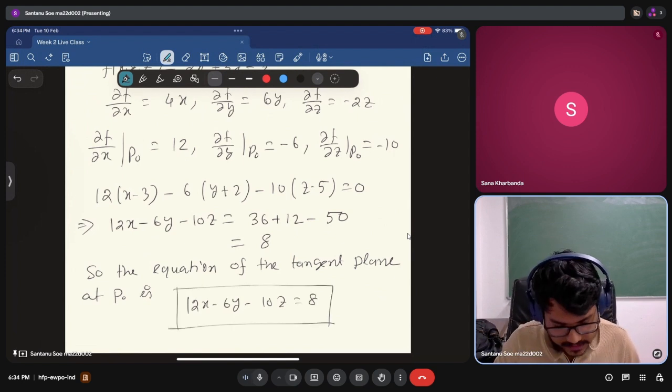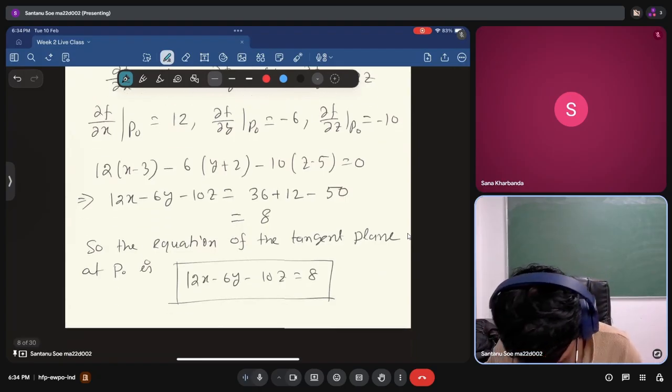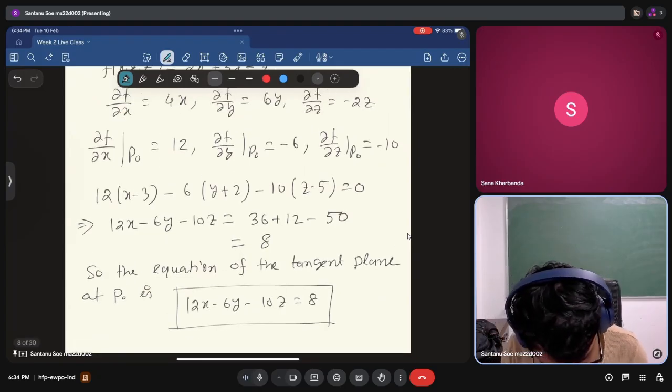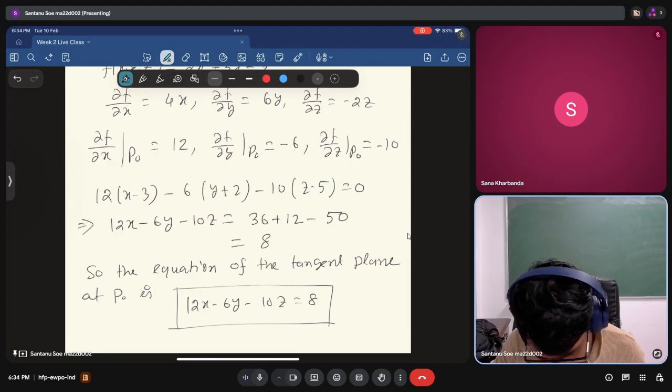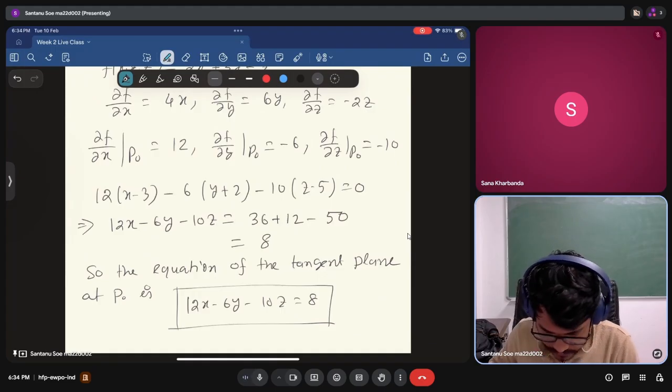So this is the equation. Now we have to compare it with alpha x plus beta y minus 5z equals 8. Okay.